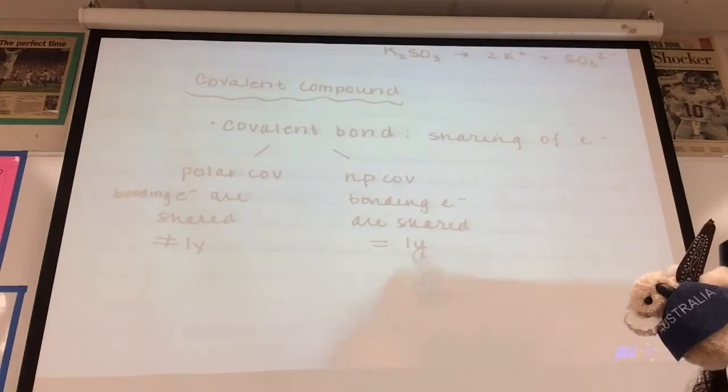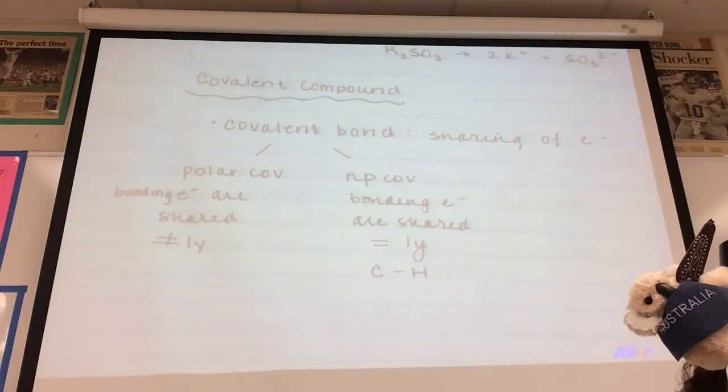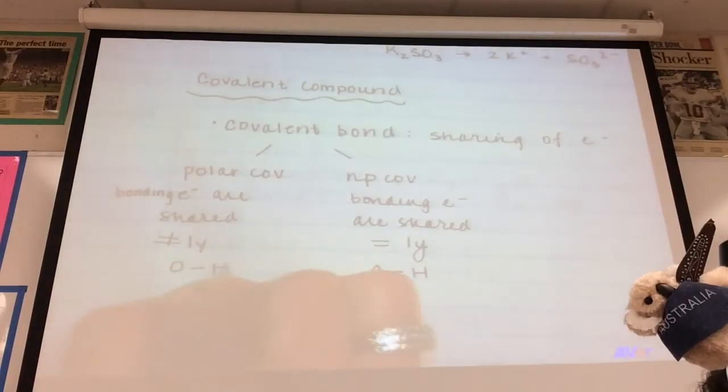One thing I will remind you of is that a C to H bond is nonpolar covalent. And that's what you're going to see in your alkanes such as hexane, ethane, in a lot of your oils. Polar covalent bonds, O to H. For example, a polar covalent molecule would be water.